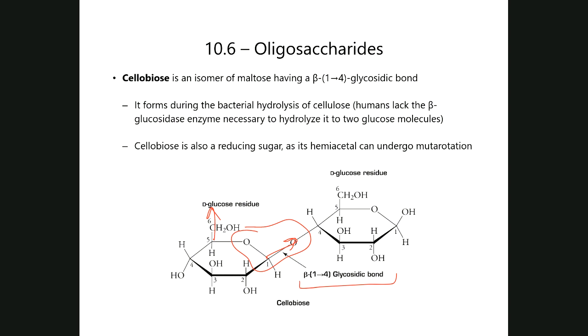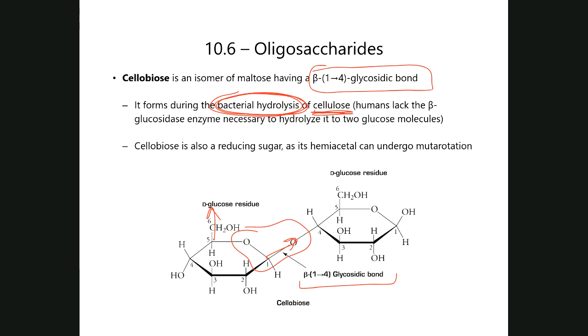So it turns out we do not have the enzymes that can actually break down beta 1,4 glycosidic bonds. And this is actually a product of the bacterial microorganism directed hydrolysis of cellulose. Cellulose is the fancy word for dietary fiber. We're going to talk about the structure of cellulose as well.